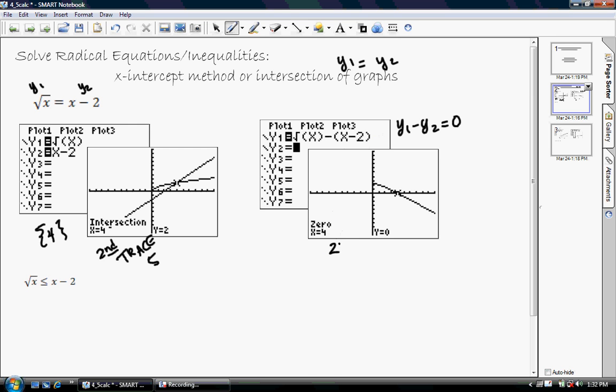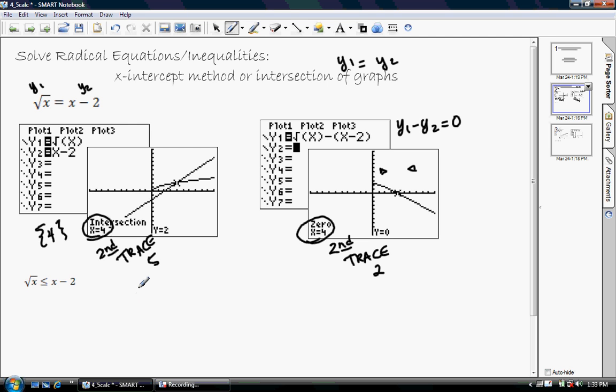This time I'm using the 0 function, which is second trace 2. I have to enter a left bound somewhere on the left, and then a right bound, and then guess. And I see the solution is the same no matter which method I choose.